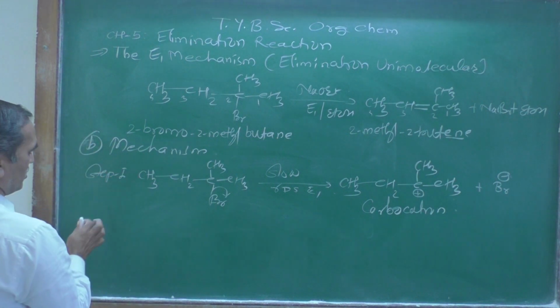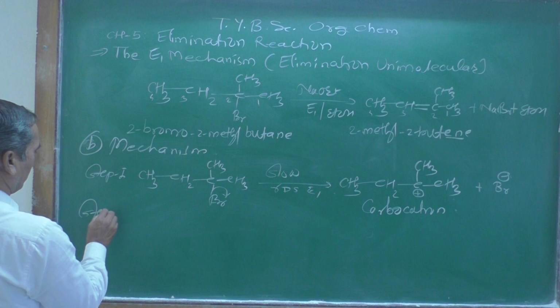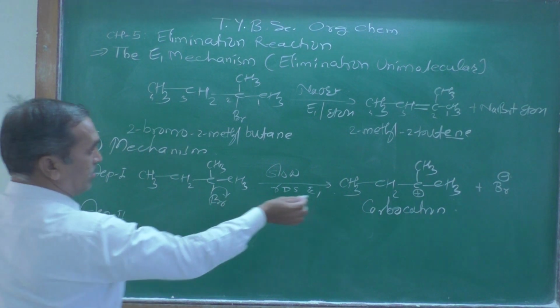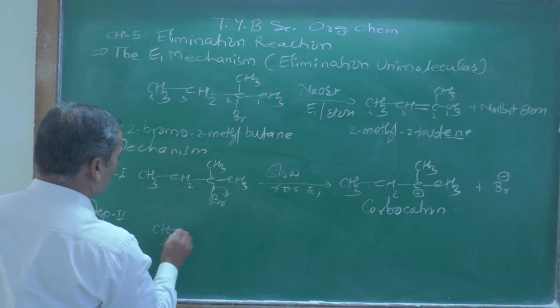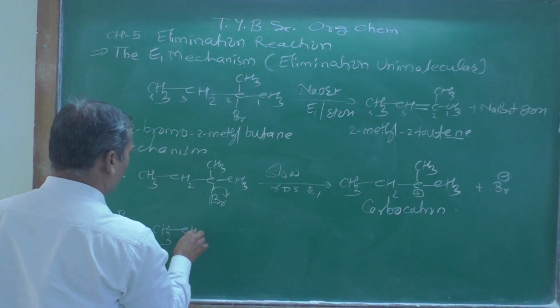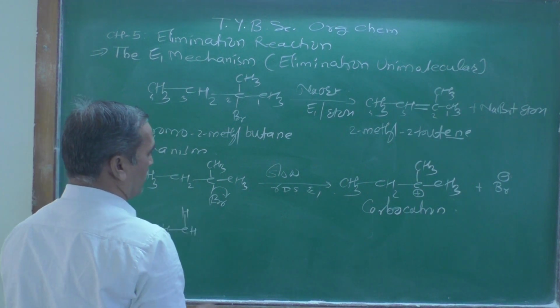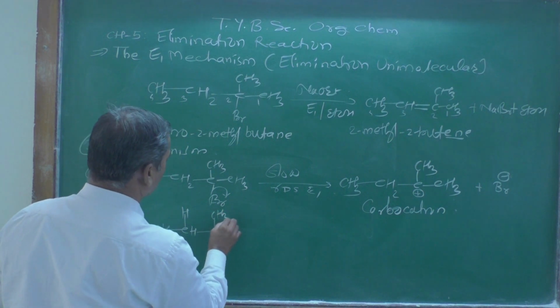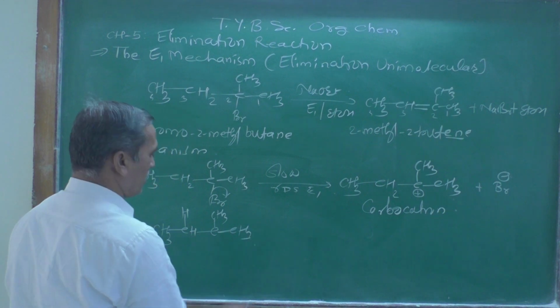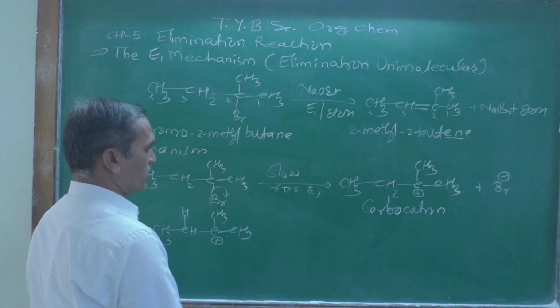Now in the step number second, what is happening? Let us take that example once again. CH3, then one of the hydrogen atoms I am writing like this, then C, here CH3 and CH3, and here is a positive charge.